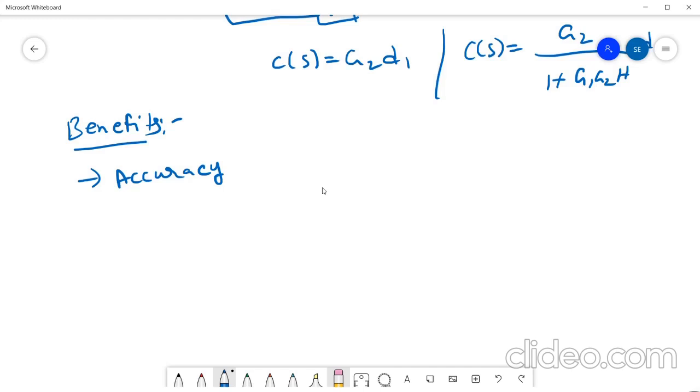Similarly, another one we discussed, that is the effect of disturbance. The effect of disturbance can be made negligible, or we can attenuate or decrease the disturbance by manipulating the feedback gain, right? So that is one benefit we can get.